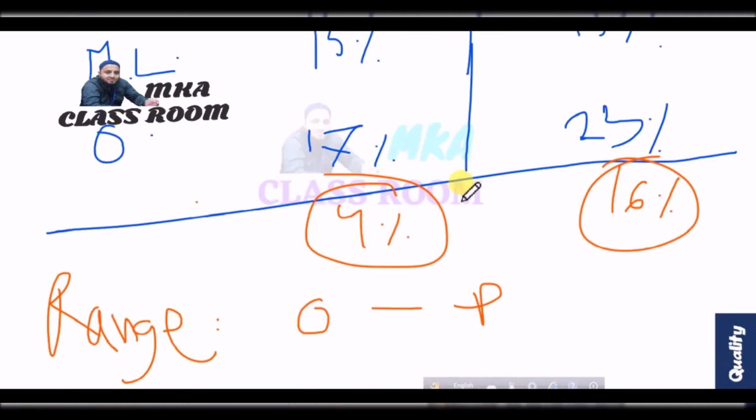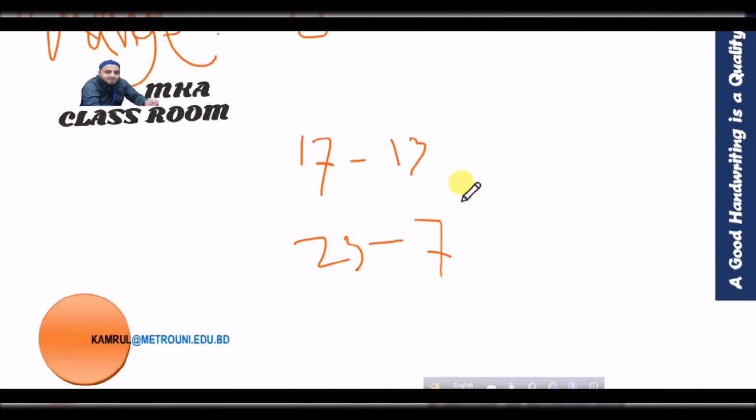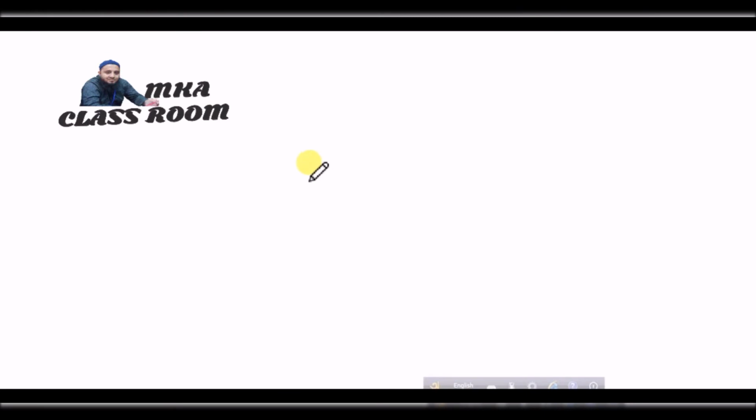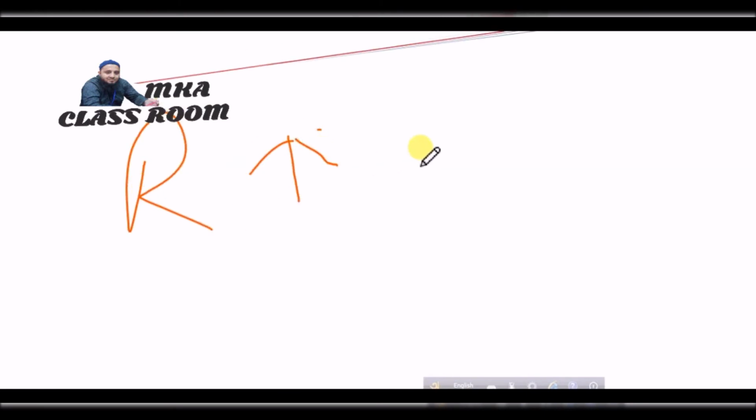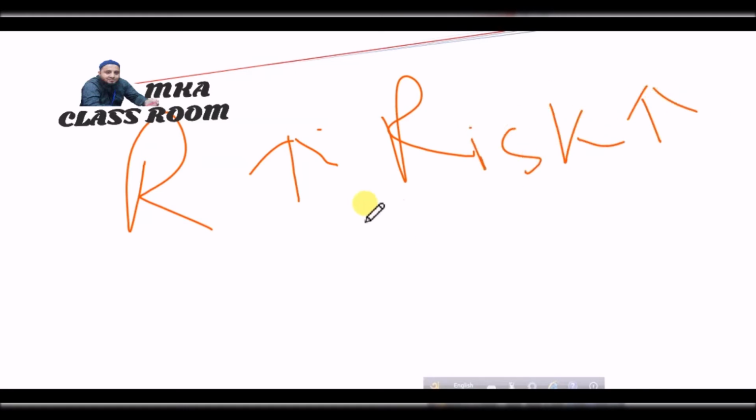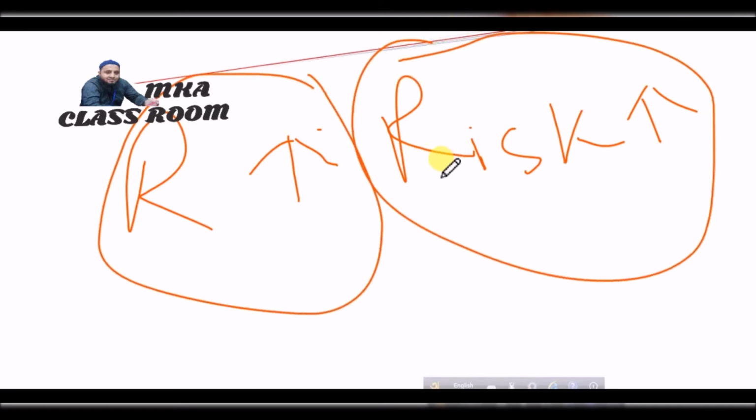So in our theory portion, we have learned that if the range is high, risk is high. We know it very well.